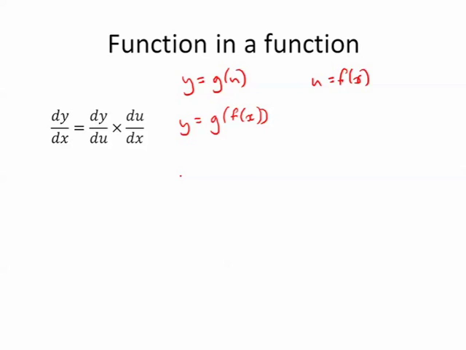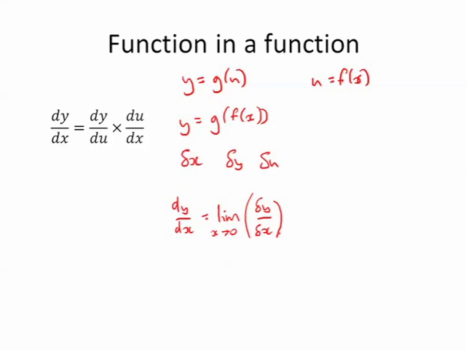Now we know that delta x is a small increase in x, so we can also consider delta y as being a small increase in y, and delta u as being a small increase in u. Now we already know that dy/dx is the limit as delta x approaches 0 of delta y on delta x.